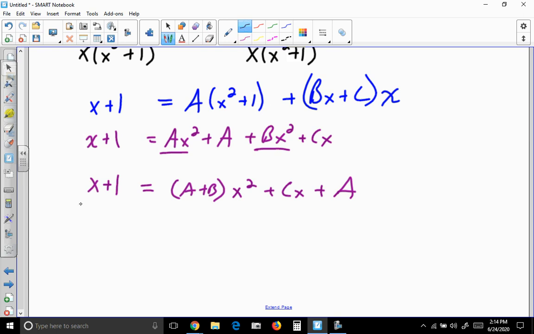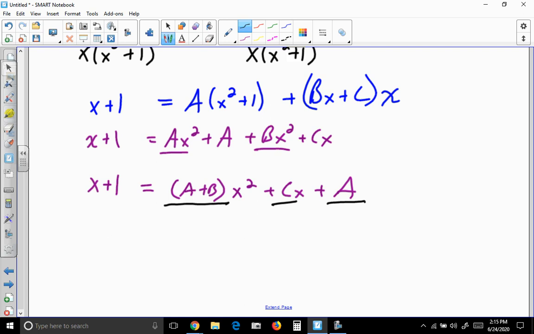So for these two sides to be equal, the coefficient here has to match the coefficient of x squared on the other side. The coefficient of x here has to match the coefficient of x here. And the constant here has to match the constant here. In order for these to be equal, we have to have the same amount of x squareds, the same amount of x's, and the same amount of constants.